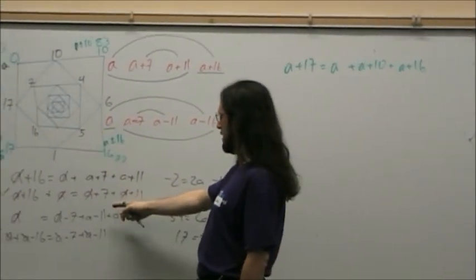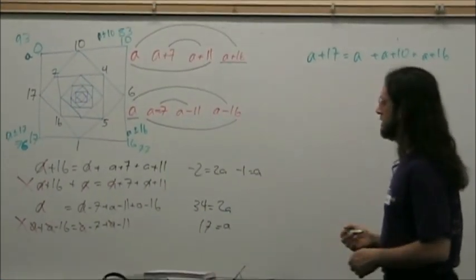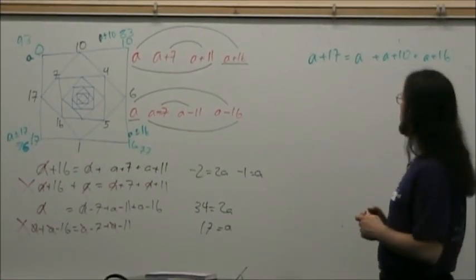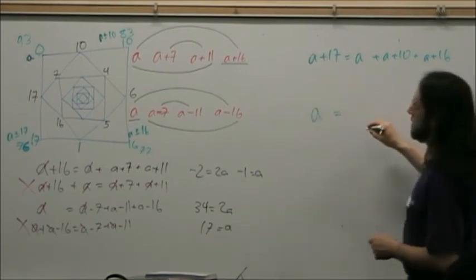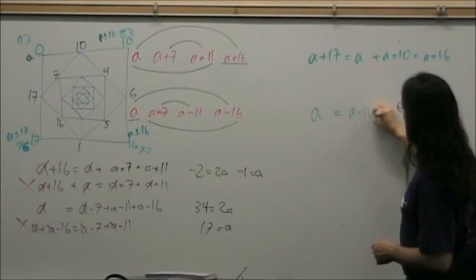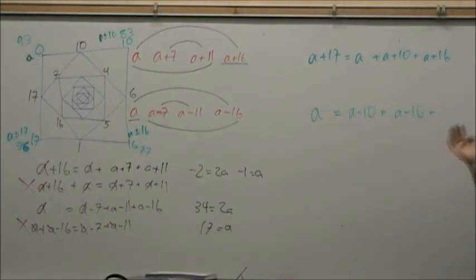It'll be just like these, where the A's will all subtract out, and we'll have 17 equals 10 plus 16 and stuff. So those won't work. It has to be the biggest one equals all the other three added up. Because when you have two A's on each side, it's just not so easy to solve the equations because the A's all subtract out. It's not so good.